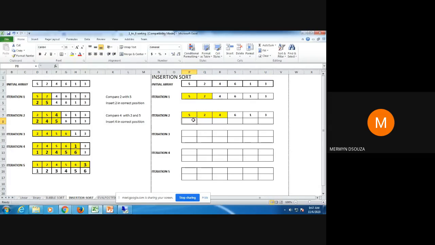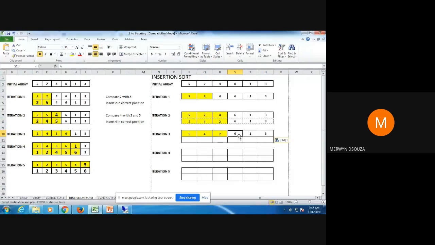So you're going to sort it like this. You're going to get 5, 4 and 2, and the remaining elements just copy as they are. You include these elements here for the next iteration.